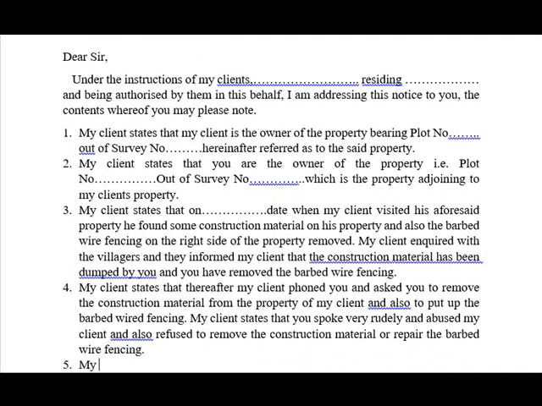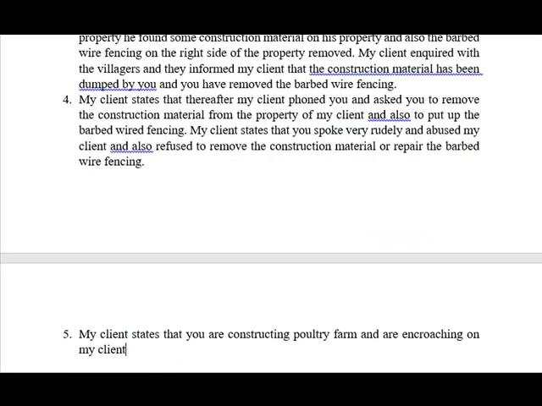In fifth paragraph, we will write that my client states that you are constructing poultry farm and are encroaching on my client's land.